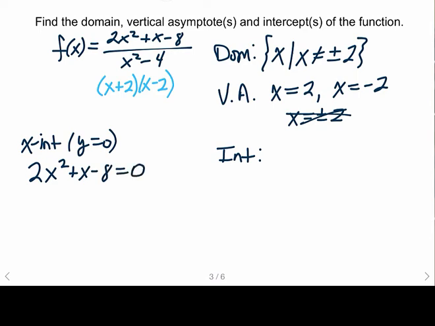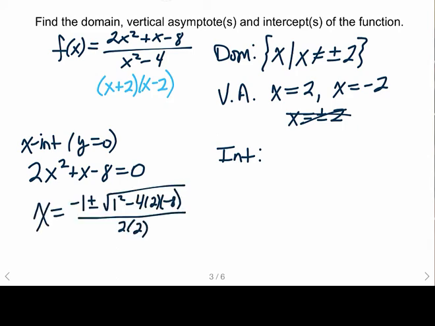Since it doesn't factor, I'm going to use the quadratic formula. So x equals negative 1 plus or minus the square root of 1 squared minus 4 times 2 times negative 8 all over 2 times 2. So we can say it's negative 1 plus or minus the square root of 65 over 4.